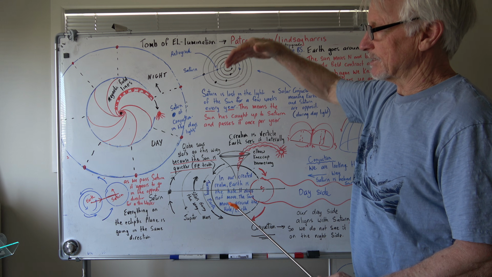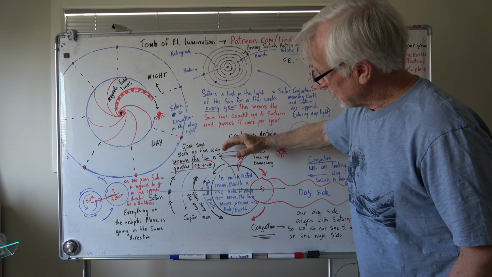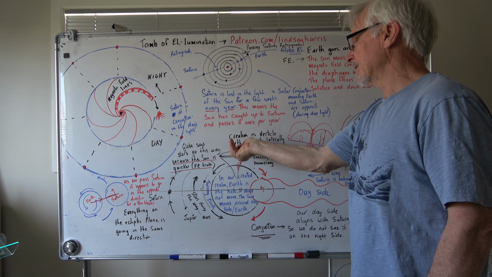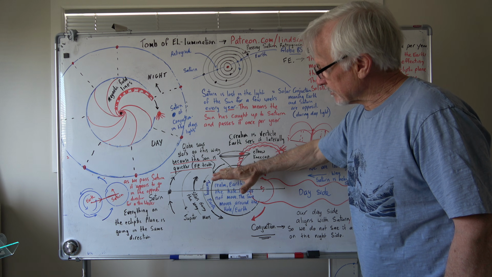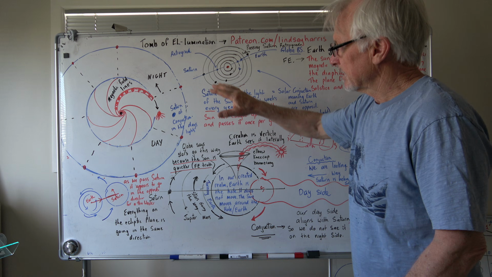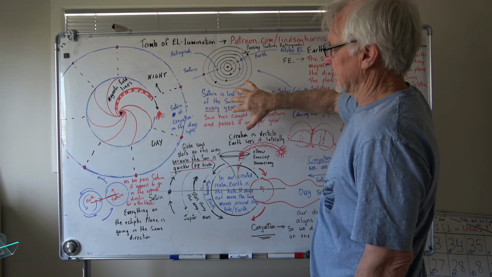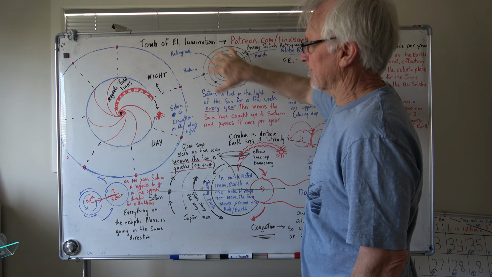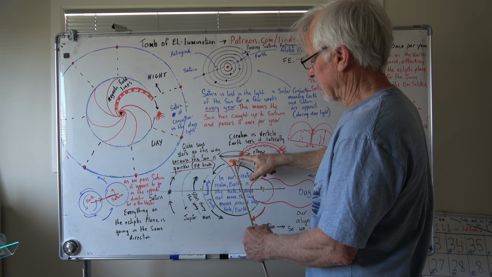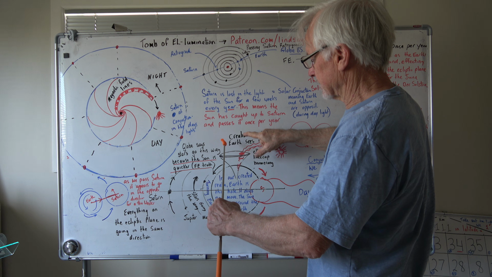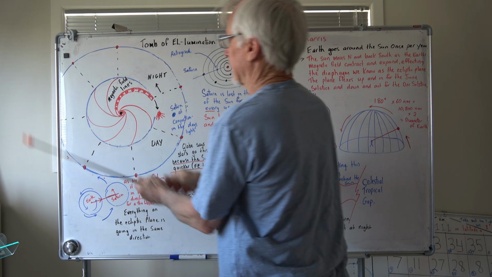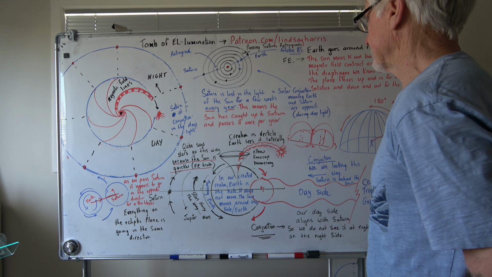Creation's inverted, has the diaphragm at the top, which flexes down and then flexes back up and in, down and out, pushes the sun out to the southern hemisphere, Arctic 24-hour day, and then when it flexes back up like this, draws the sun into the northern Arctic 24-hour day.